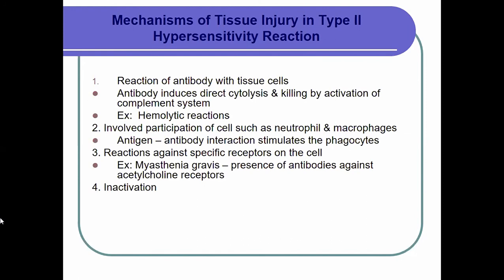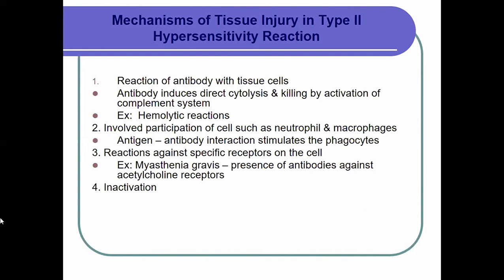Another mechanism involves the participation of cells such as neutrophils and macrophages. It is the presence of the antigen antibody interaction that stimulates the neutrophils and the macrophages. And then the third is reactions against specific receptors on the cell. Like for example, in myasthenia gravis, there is the presence of antibodies against the acetylcholine receptors.